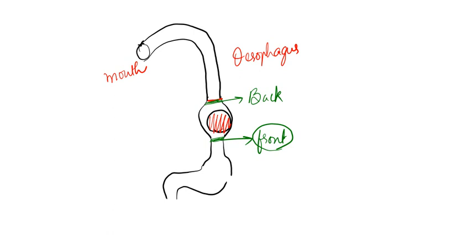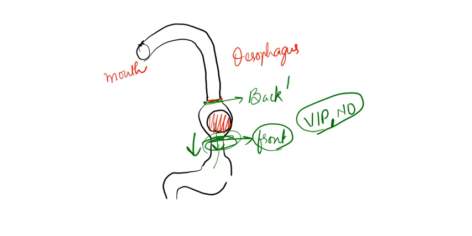So in the front end region, the vasoactive intestinal peptide and the nitric oxide relax this region. Due to the action of VIP and nitric oxide, relaxation occurs here, dilatation occurs. So the food can slowly get down, slowly moves towards like this. And in the backward region, acetylcholine, substance P and some other components actively contract the tissue.